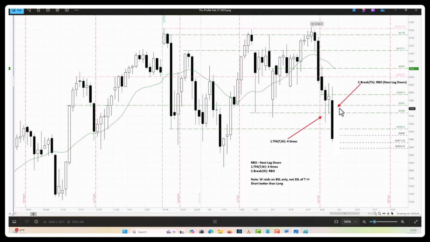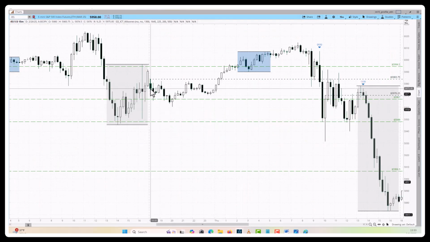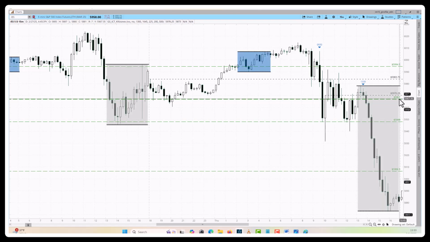So it opened above that level. It opened above the 59.67, the open at 18 right there. Yes, it opened above that level, 59.67. It opened above, and then boom, from 9:30 it's going down, and then the 45 broke down that level. It needed more liquidity in order to make a real move.